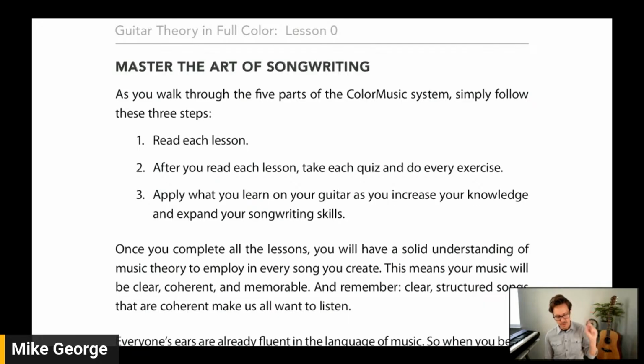Okay. Number 2, after you read each lesson, take each quiz and do every exercise. And 3, apply what you learn on your guitar as you increase your knowledge and expand your songwriting skills. And the quizzes in each lesson are at the end of each PDF. That's where you'll find the quizzes and exercises at the end of each lesson PDF.